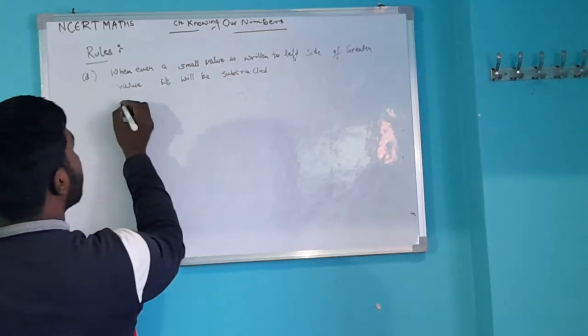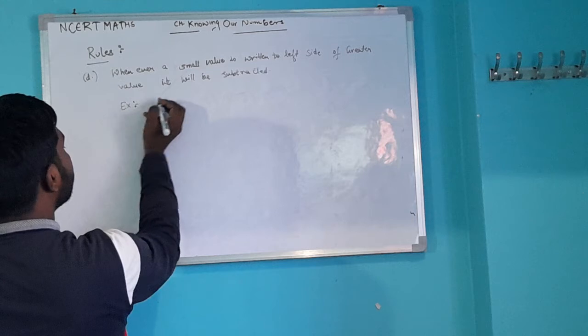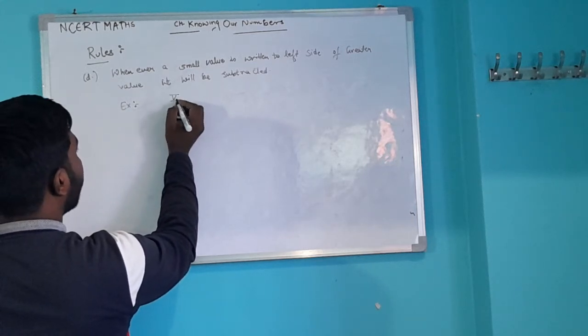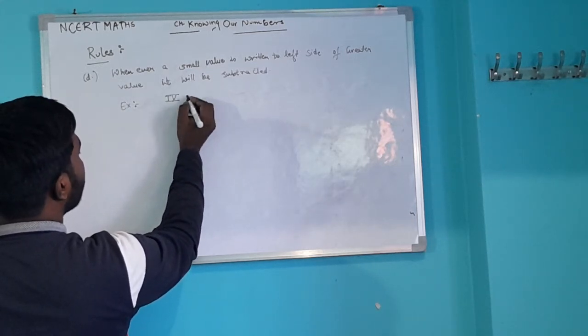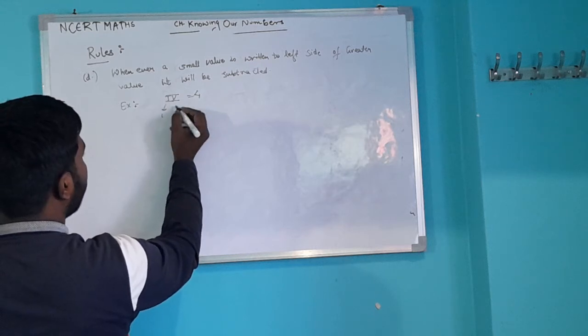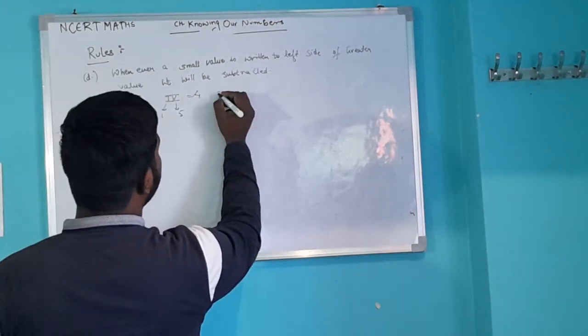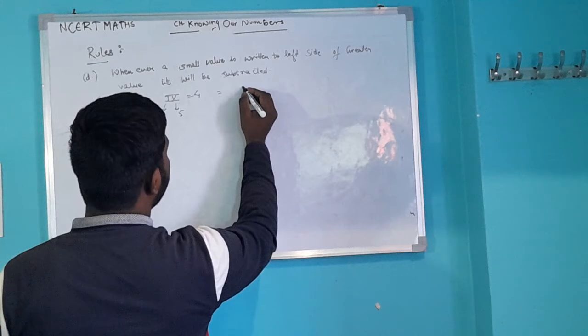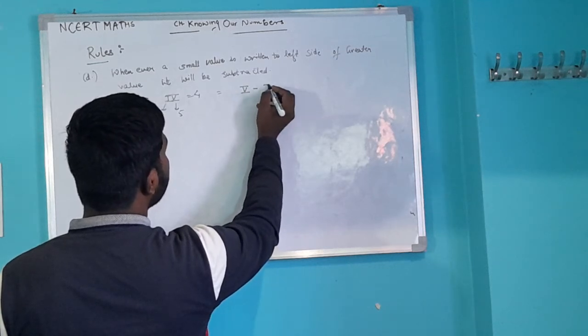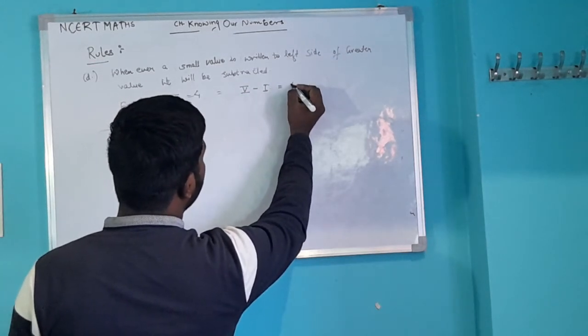An example will be, when we write 1 and 5 in this form, this is 4. This is 1, this is 5. We simply subtract 5 minus 1, which gives 4.